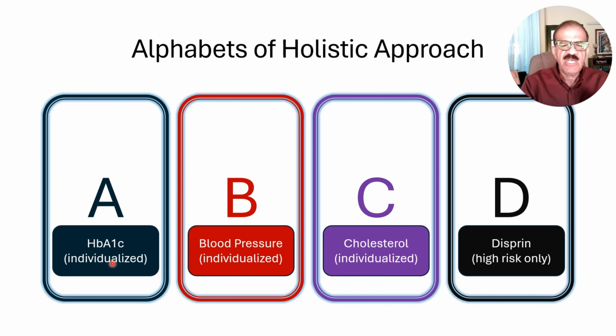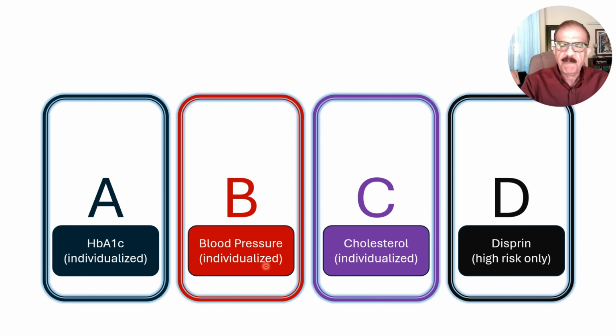As far as ADA guidelines are concerned, for majority less than 7, but in some individuals you should achieve better one. And blood pressure, again, individualized, because the blood pressure which may be considered acceptable in a non-diabetic may be considered high in individual with diabetes.